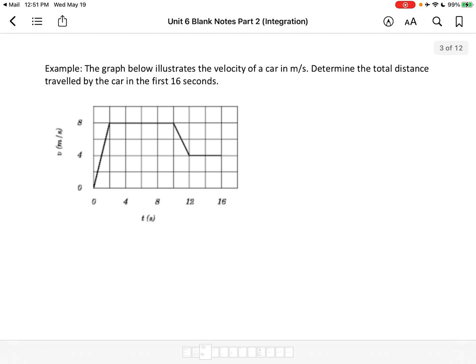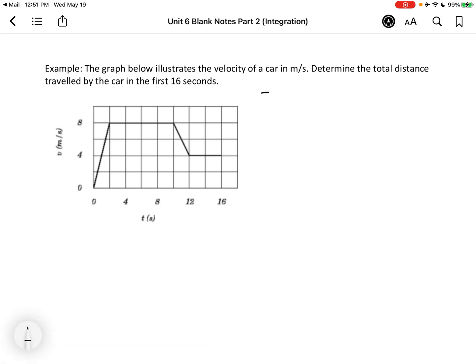That's how we would have to solve this. But now that we know that we can get the same result by just looking at the area under the curve, we can get the distance that way as well. Okay, so that's what we're going to do to make this easier.